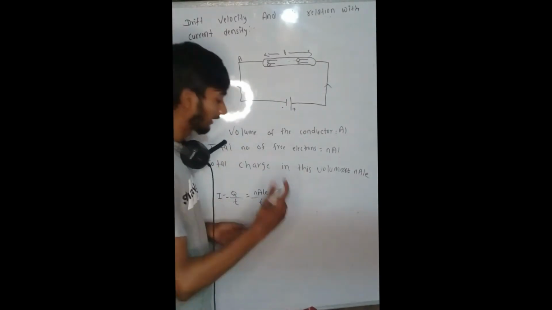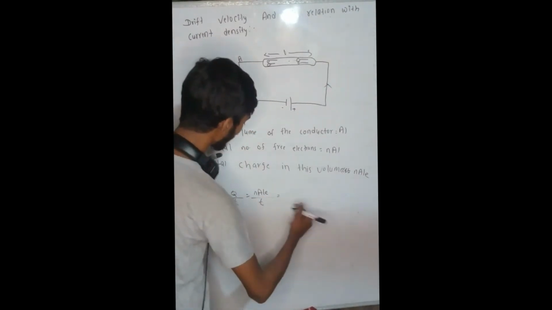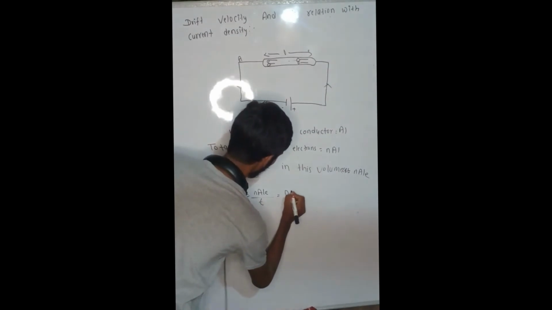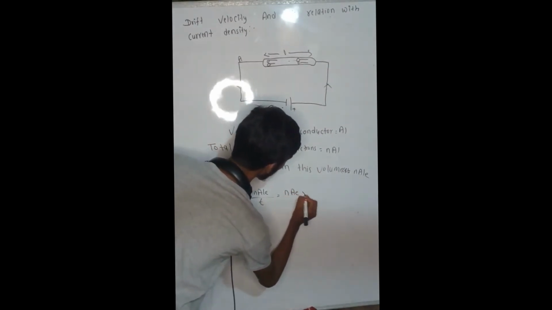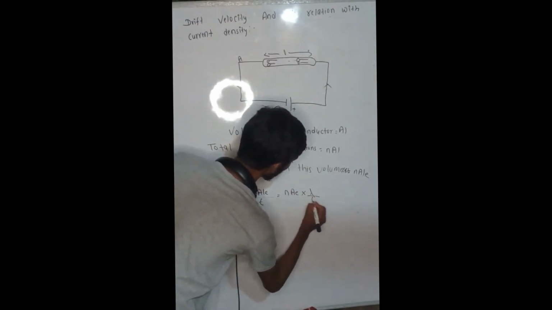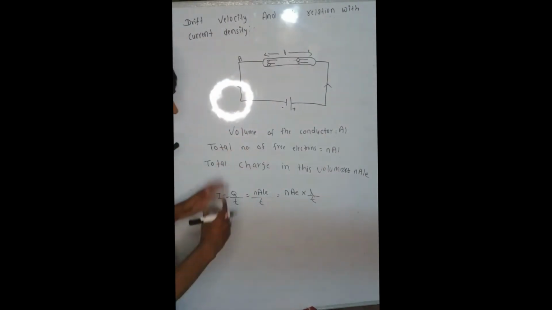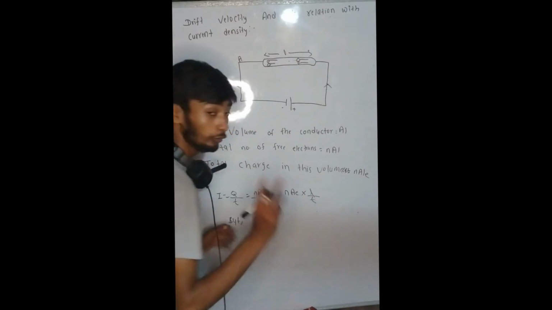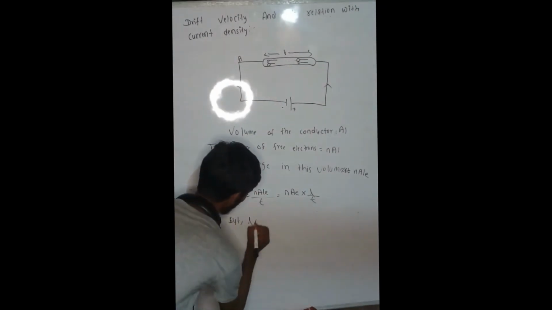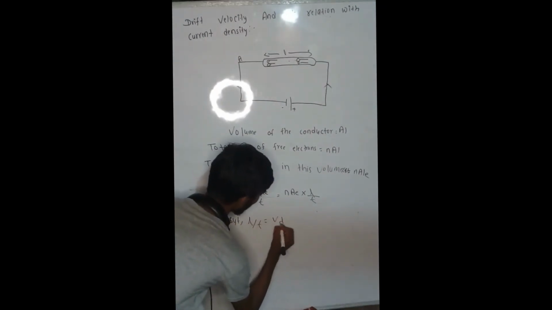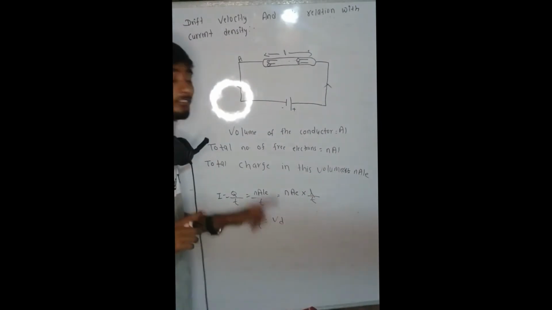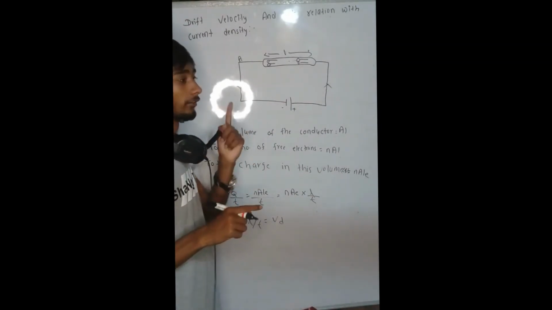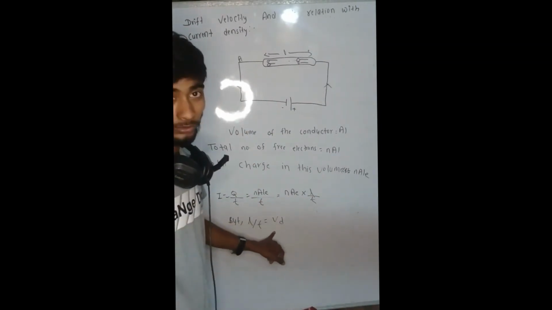Now we can write I equals nAe into L by t. But we know that L by t equals Vd, which is the drift velocity.